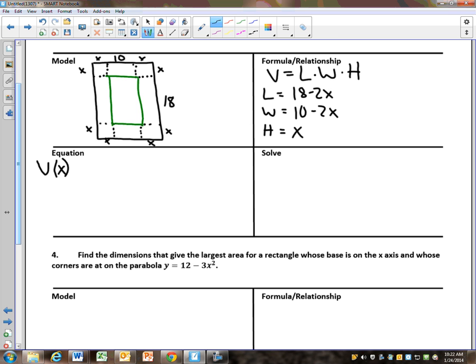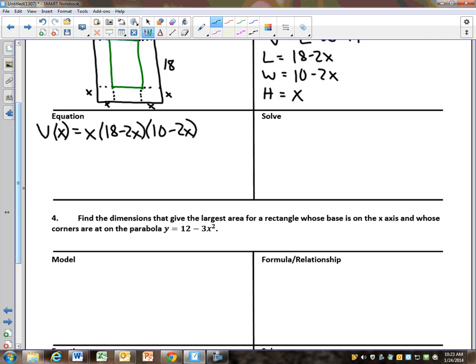X. Okay? So I'm going to take the height, which is x, and multiply it by 18 minus 2x, and multiply that by 10 minus 2x. If you took the derivative of that right now, what rule would you have to use? The product rule. So let's write it out as a polynomial, so we can use the power rule.